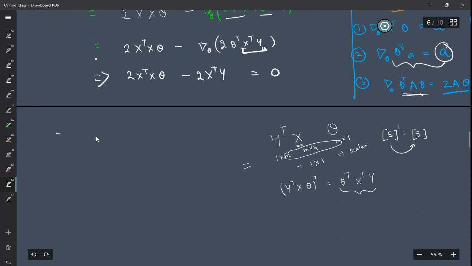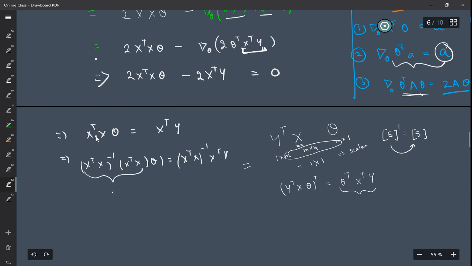So which basically means x transpose x theta should be equal to x transpose y, and if you multiply both sides by x transpose x inverse, into x transpose x theta, this becomes x transpose x inverse into x transpose y. So this term becomes 1, and you get the value of theta as x transpose x inverse into x transpose y, right?